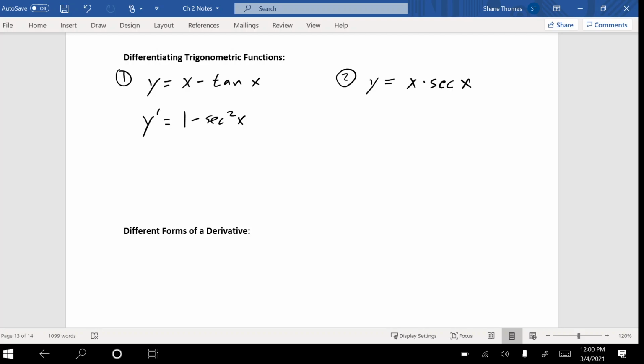So now we have to apply the product rule. What's the product rule, Johnson? What's the little phrase? There you go, 1d2 plus 2d1. So y prime, we need 1, which is x, d2. What's the derivative of the secant of x?